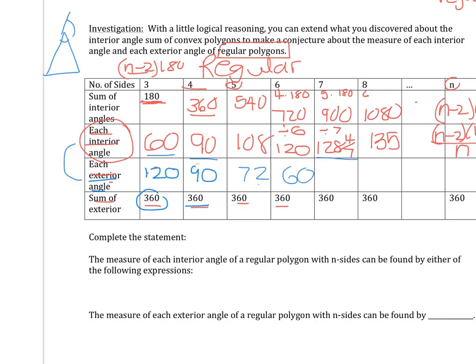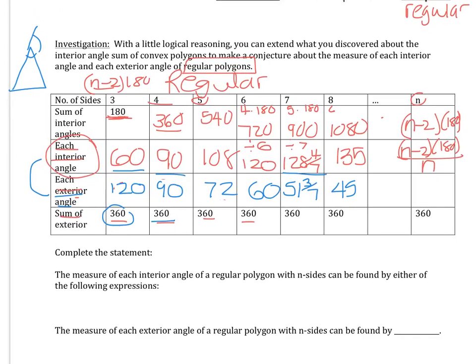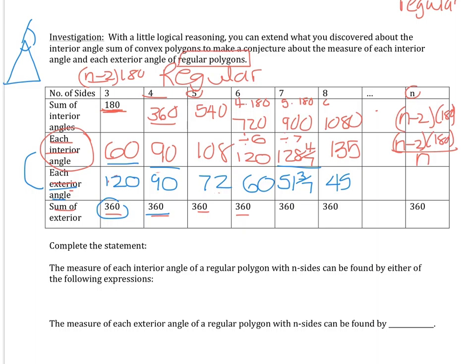I'm going to do this fractional again, 51 3/7, 45. And so we know there are two ways we can do it. These two are supplements, or we know that the sum is always 360 and you're dividing it by the number of sides.